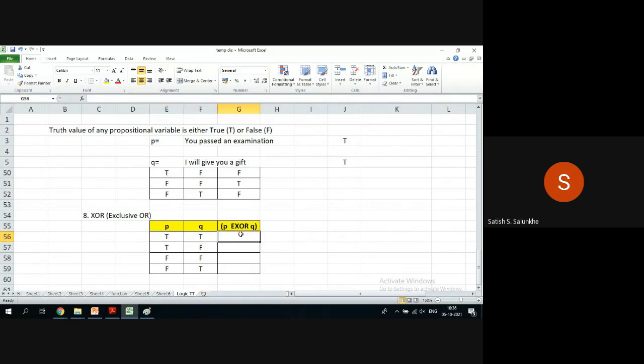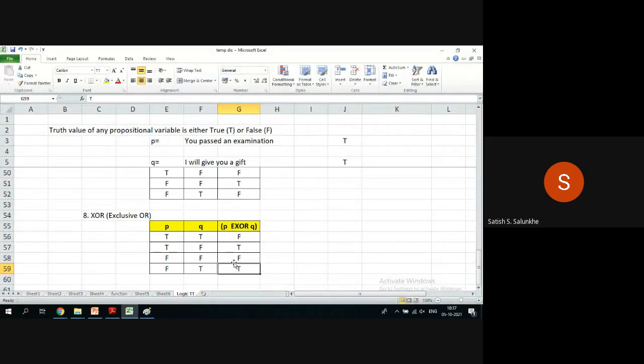So therefore, it is not satisfying the condition of exclusive OR, at least and at most one proposition needs to be true. Therefore, it is false. At least one, at most one proposition need to be true. Satisfied? Yes. At least one, no. Therefore, false. At least one, yes. At most one, yes. Therefore, it is true. That's it. This is exclusive OR.